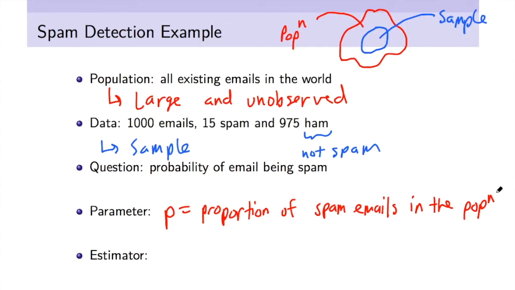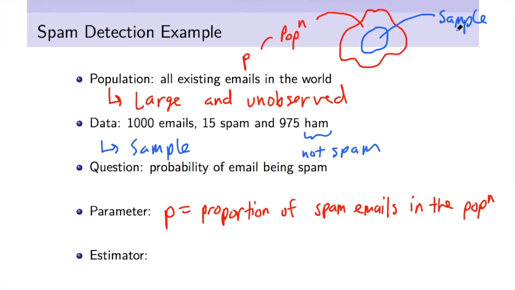In other words, P is essentially the true probability of receiving a spam email. If we had all the emails in the world, we could take the number of spam emails, divide by the total number of emails, and we would get P. But we don't have all the emails in the world, so we can't actually compute our parameter P. We don't have that, we have the sample.